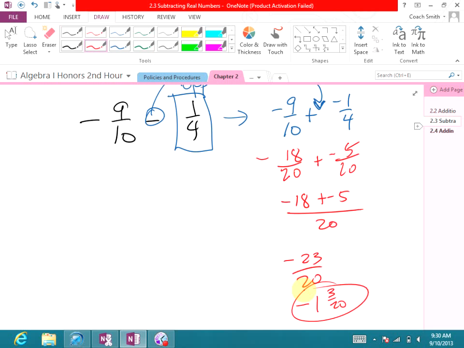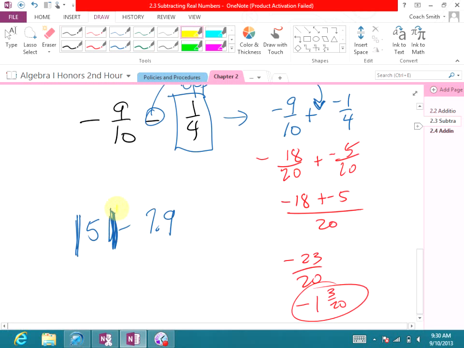So, what about this? We haven't really talked about this yet, and we need to. Let's say I have this. Remember, that's not 151. Those are absolute value signs.